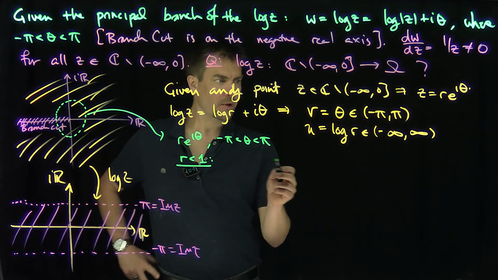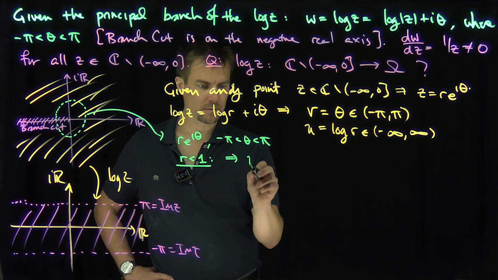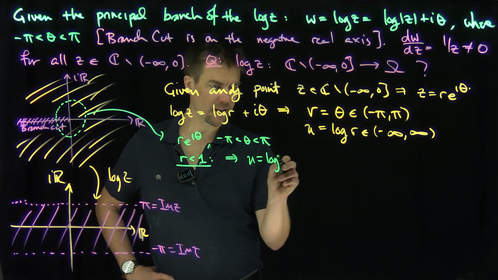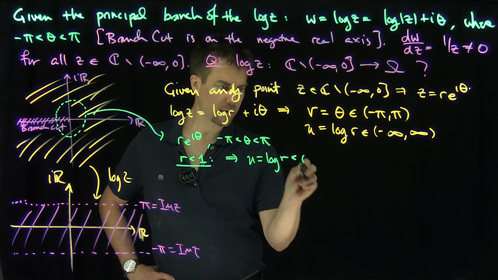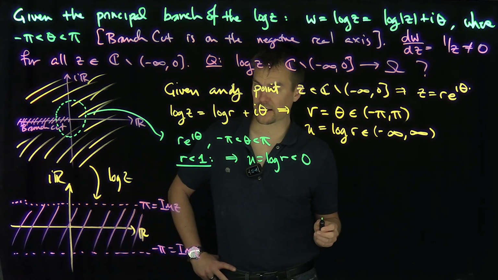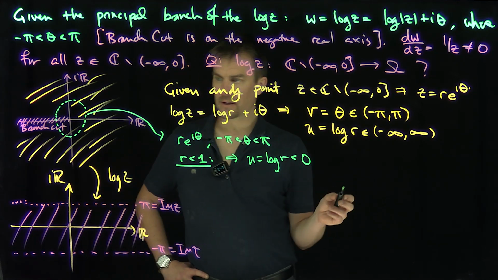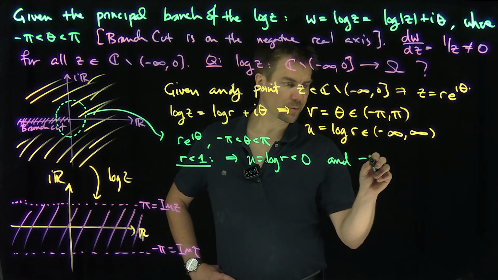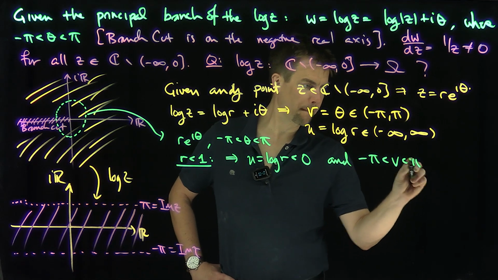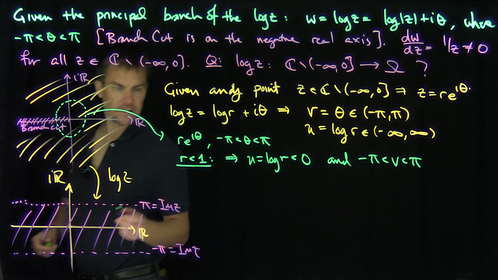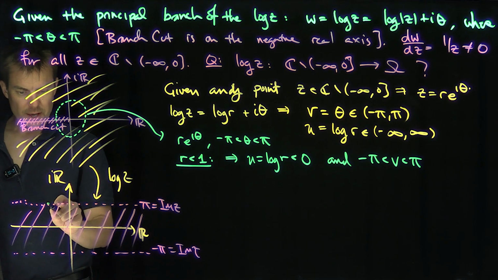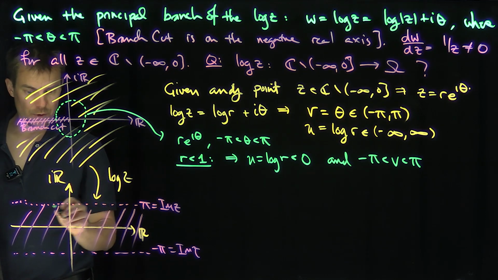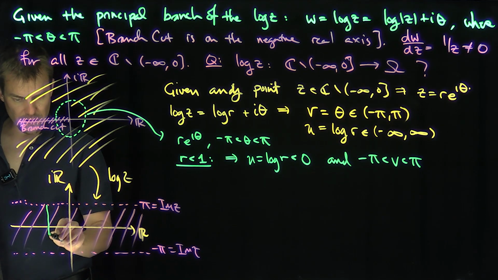Your u is going to be the log of r, and that's going to be a negative number, less than 0. So your u is negative, and your v is just between negative pi and pi. So your negative numbers come from over here. These green circles get mapped to this strip over here. Your real part is constant, so that's where that circle is going to be.